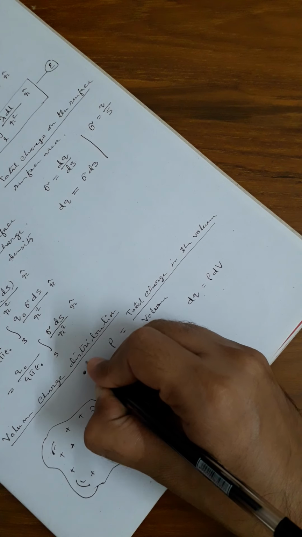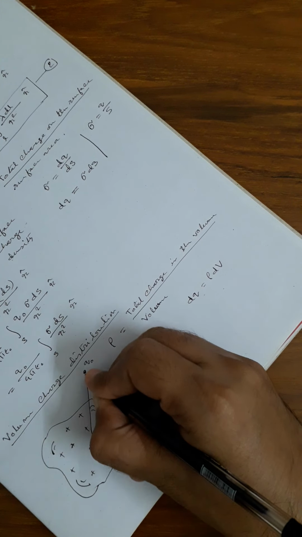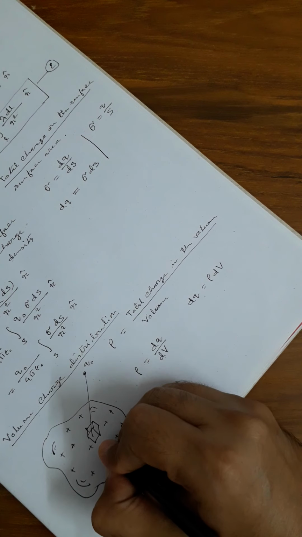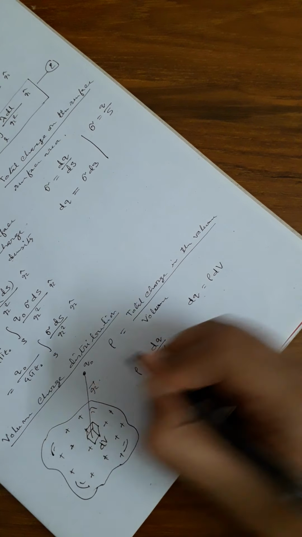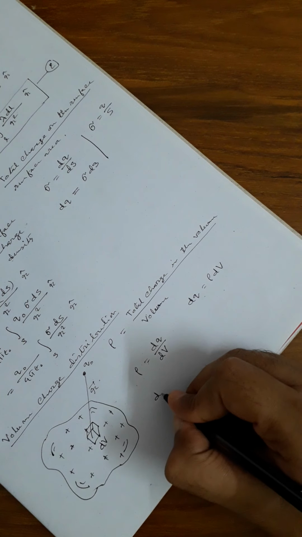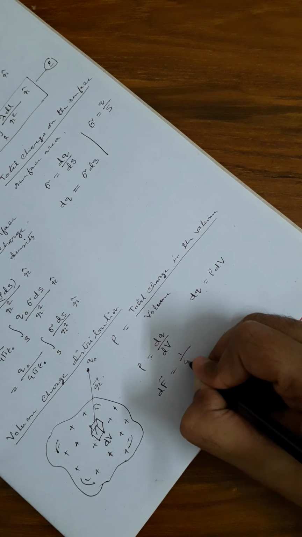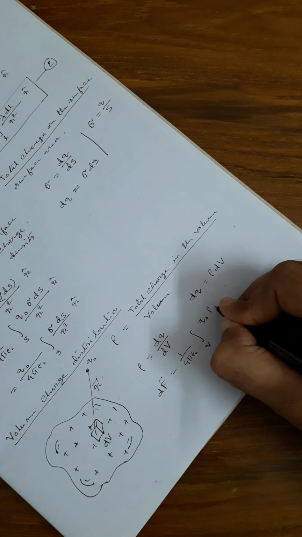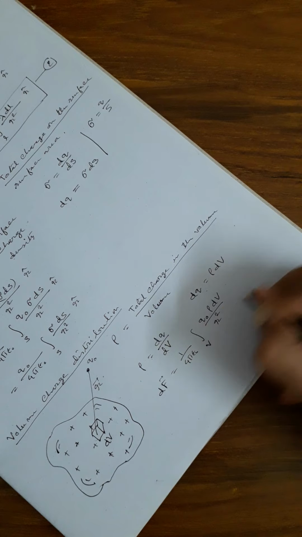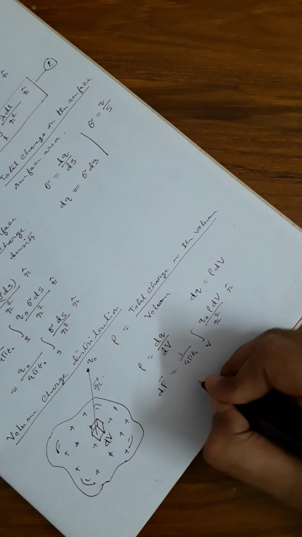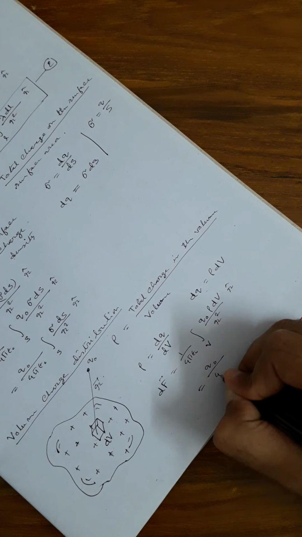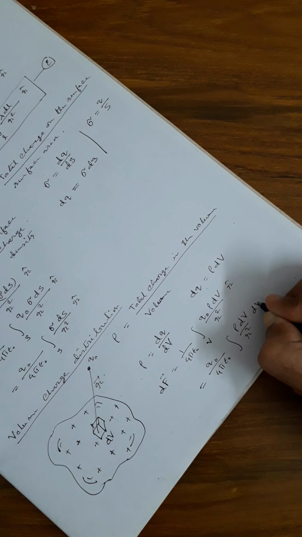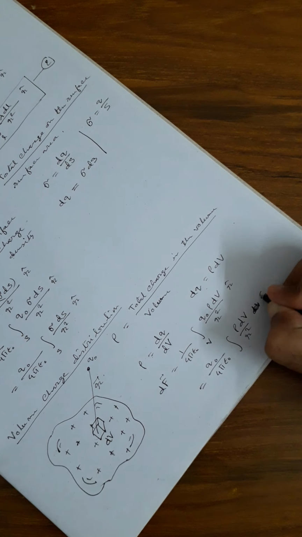If we consider a point charge q0 at some distance r from a small volume element dv, then the force due to this small volume element dF is equal to 1 by 4 pi epsilon 0 integration over V q0 rho dv by r squared into unit vector r, or q0 by 4 pi epsilon 0 integration over V rho dv by r squared into unit vector r.